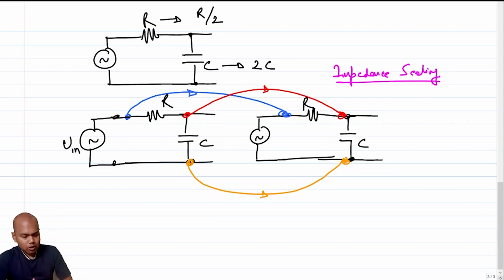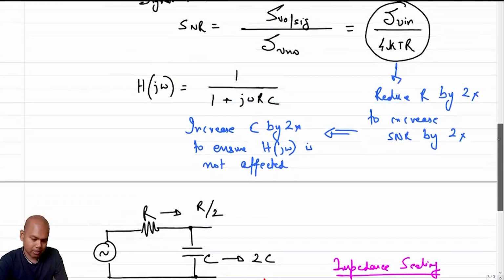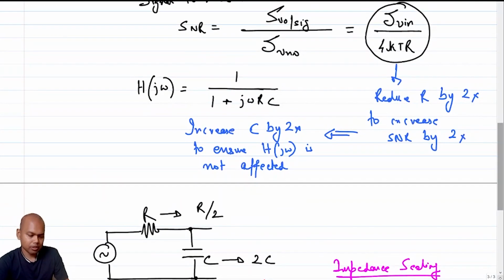So impedance scaling can be done in many ways. In one case you can reduce R, in another case you can increase R. But if you do an impedance scaling of a circuit in such a way that you reduce the lossy elements, then from this simplistic example you see that the signal to noise ratio improves.